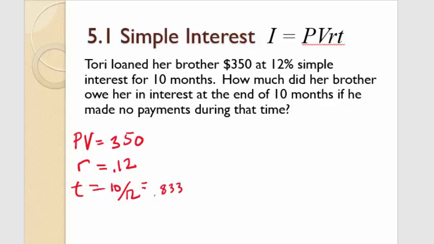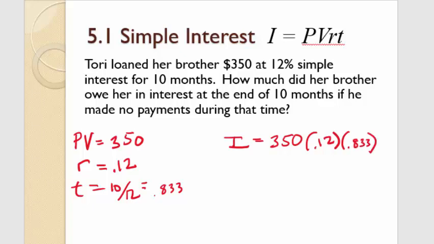Now let's take our pieces of information and input them into our formula. I equals PV, or 350, times R, which is 0.12, and I like to put parentheses around them to designate that we're multiplying them together, and T equals 0.833.